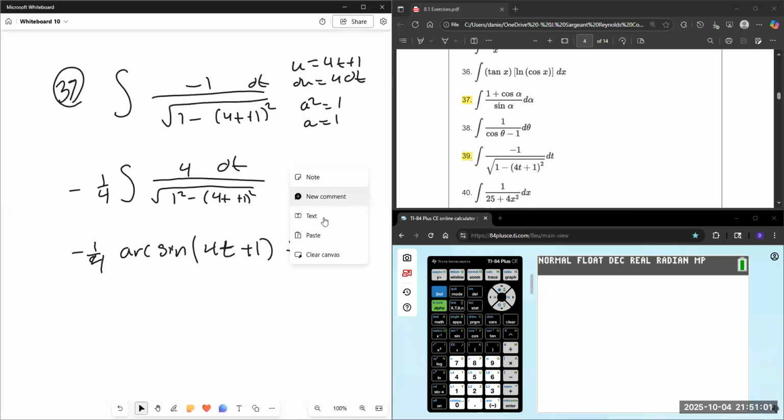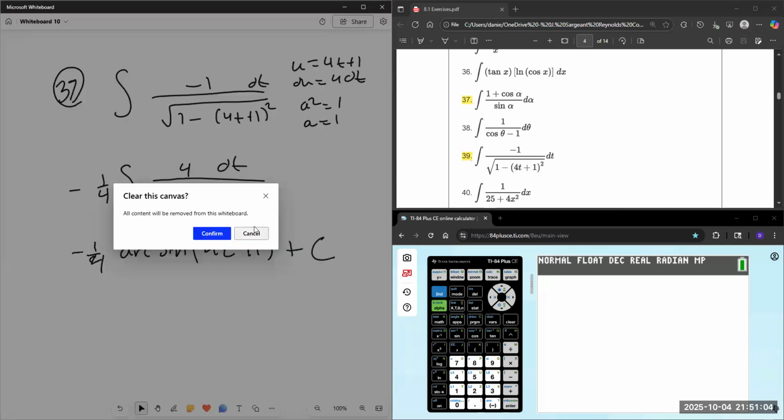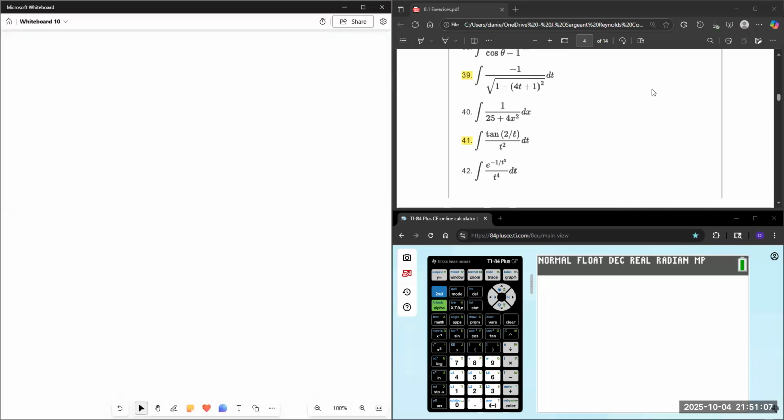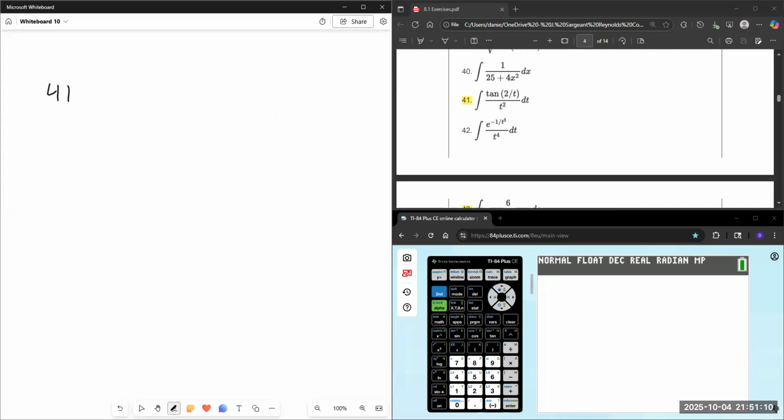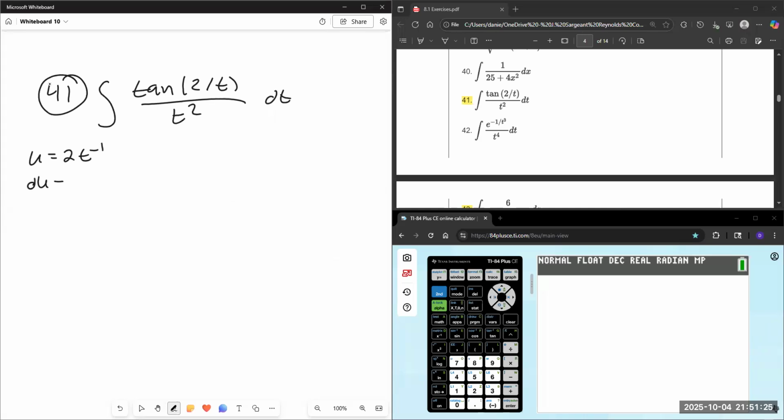Let's look at 41. Integral of tan of 2 divided by t over t squared dt. U is 2t to the -1st. Du is a -2 t to the -2nd dt. Rewriting this as integral of tan 2t to the -1st, something t to the -2nd dt.